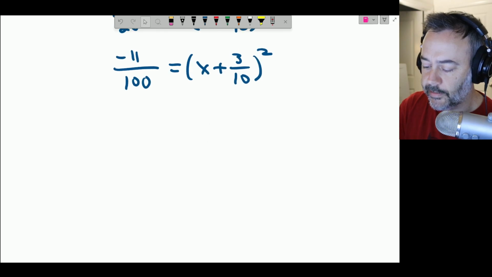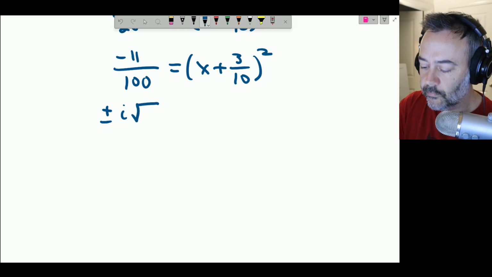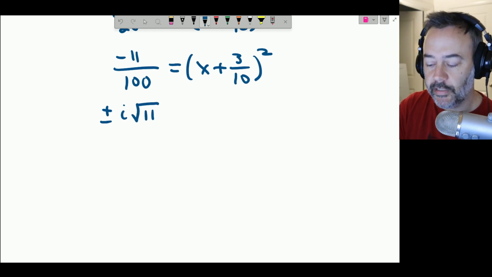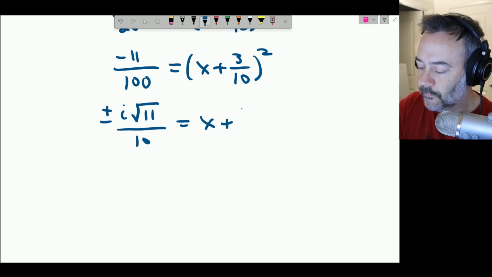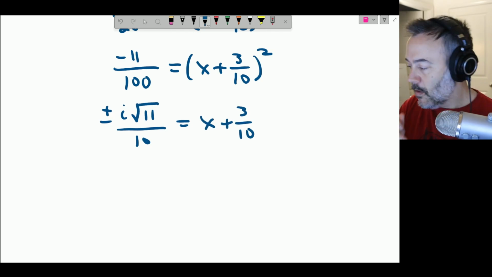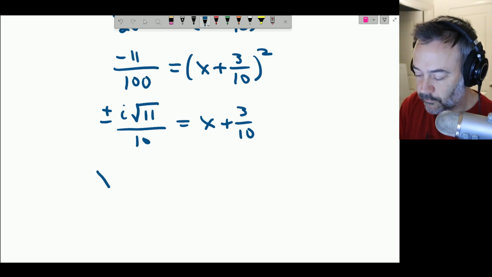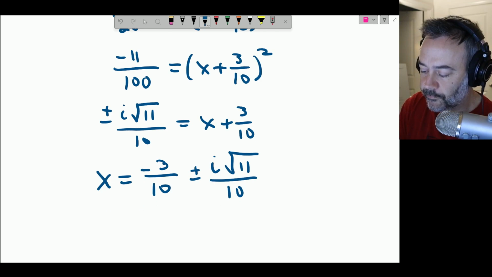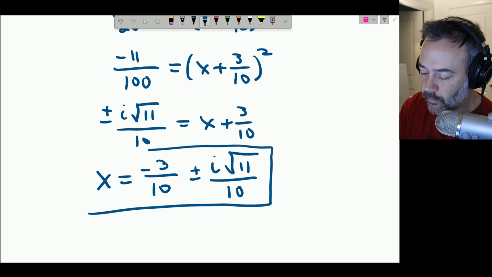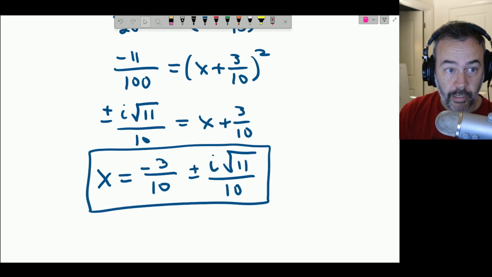Square root of both sides. Square root of negative 11 is i root 11. Square root of 100 is 10. And our two non-real solutions are negative 3/10 plus or minus i square root of 11 over 10. Okay, and we have done it.